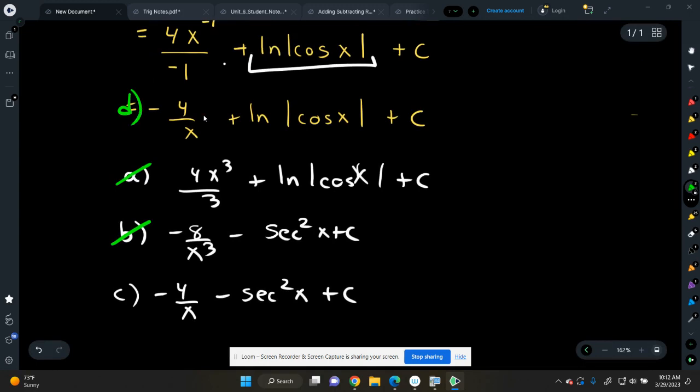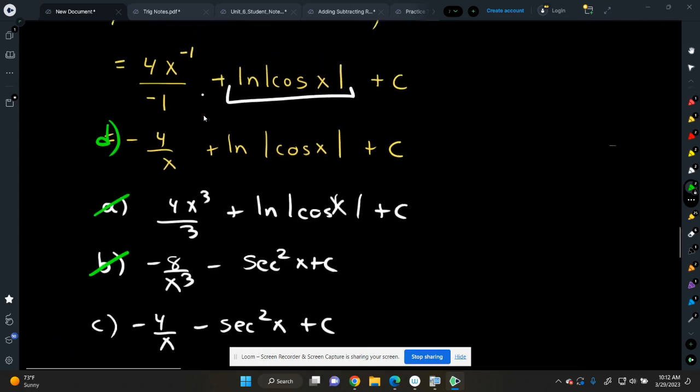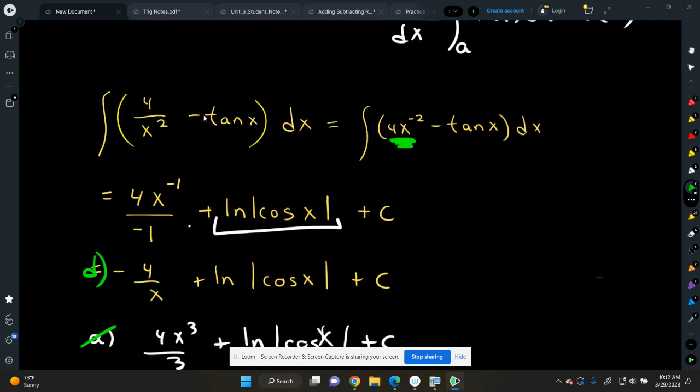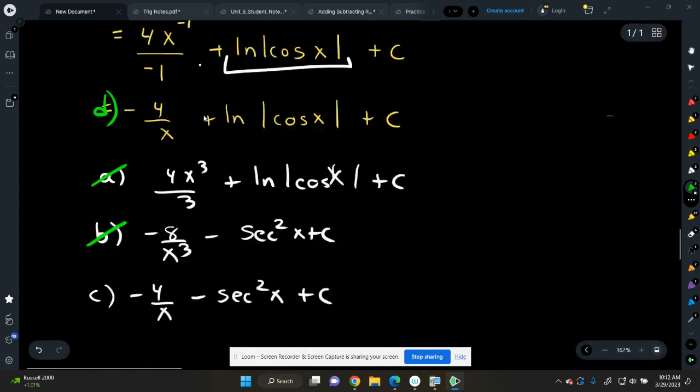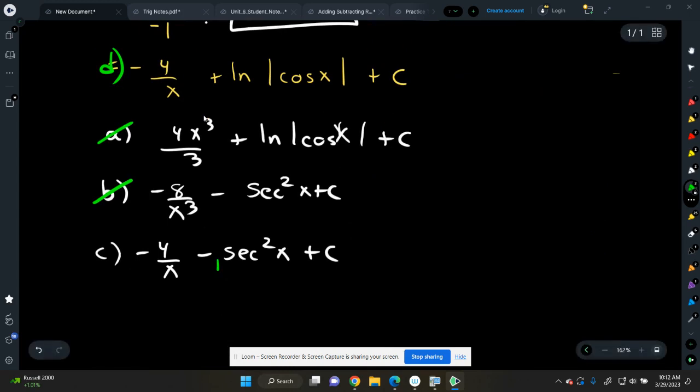Here's my choice D, right? Well, if I look at this, I just have to recognize that the integral of tangent is not secant squared. How do I know that? That's the derivative of tangent, right?